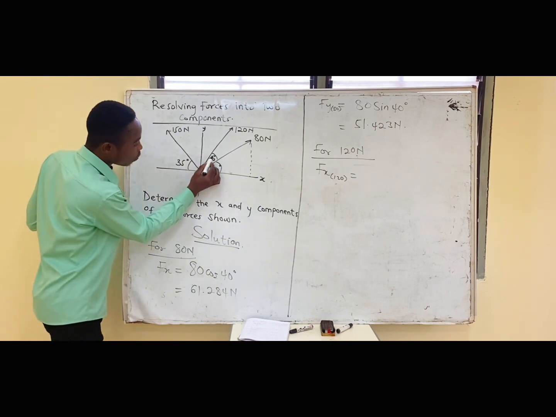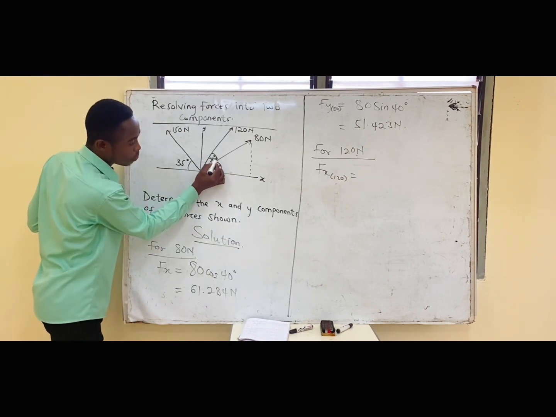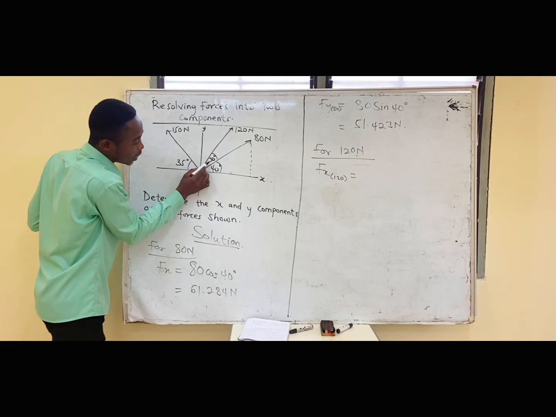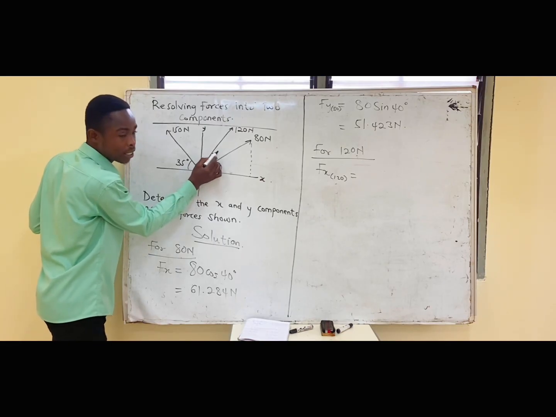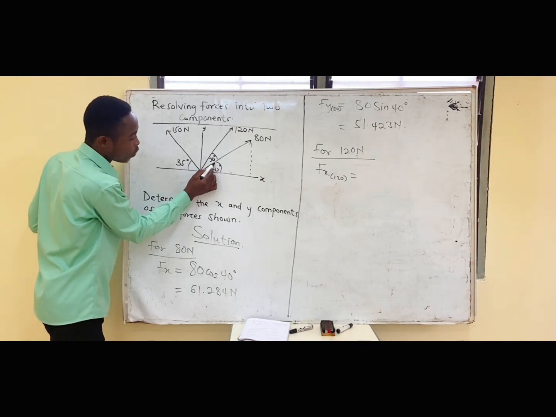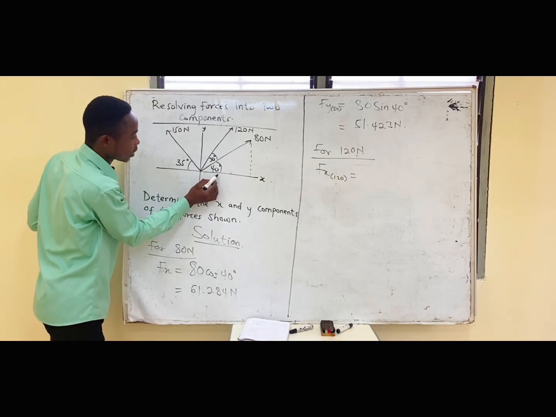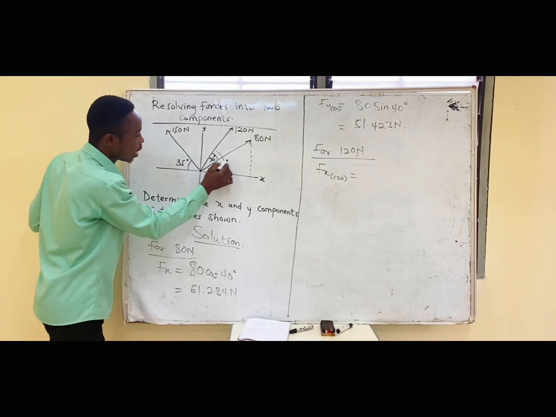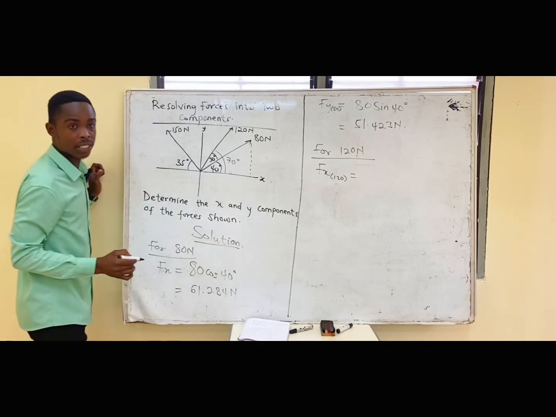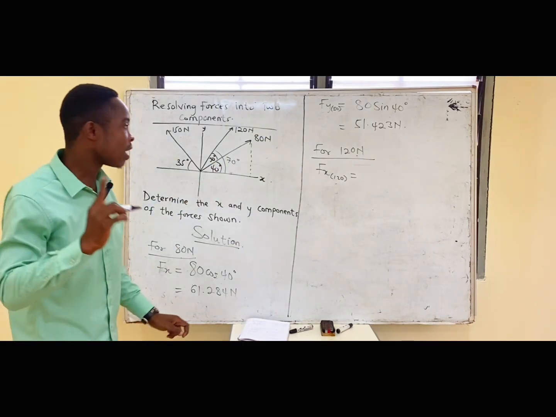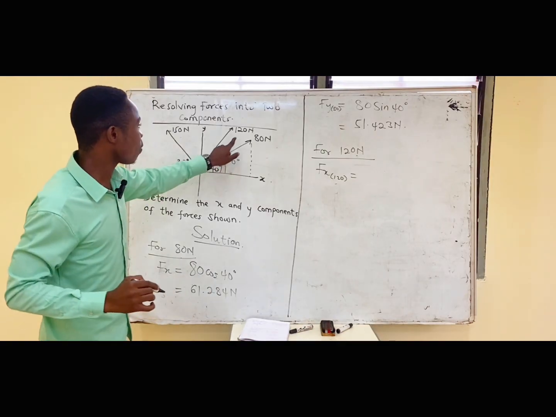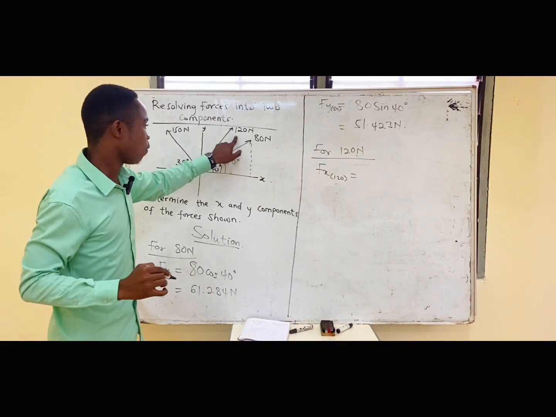Now, you need to find the angle the 120 force makes with the x-axis. So you realize that there is 30 degrees between 120 and 80 Newton, and we have 40 degrees between the 80 Newton and the x-axis. So the total angle here is 70 degrees.